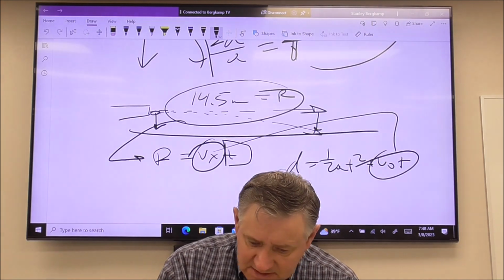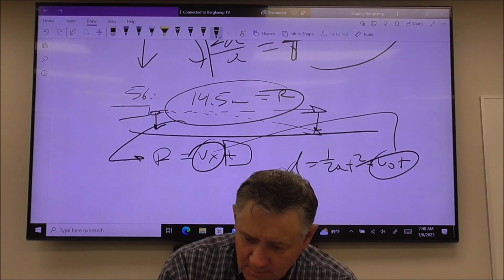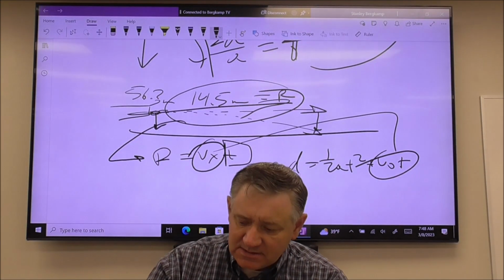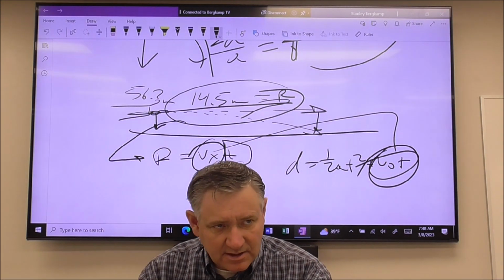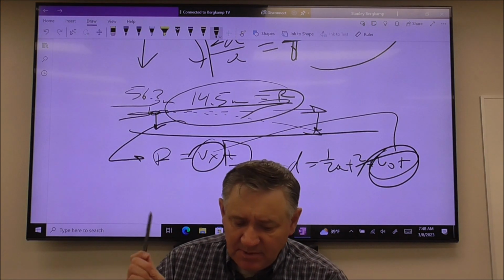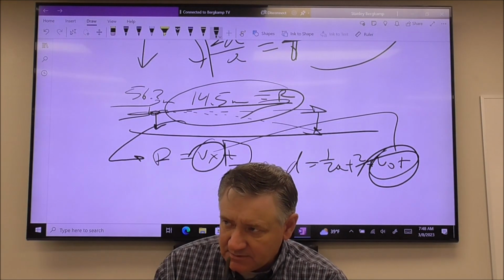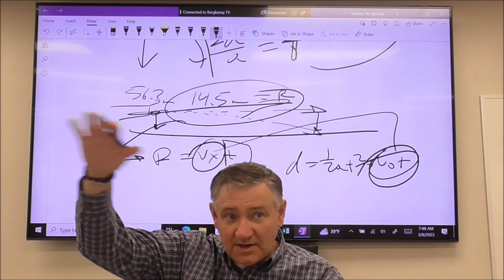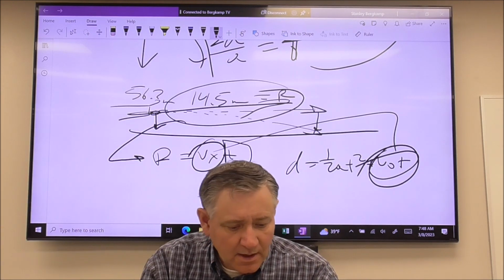So that 56.3 is the horizontal velocity. That is not the initial velocity that goes into there. Anyway, your answer to number 2 should be between 0 and 0.5 meters. Okay, it's not going to fall very far because it's not in the air for very long.